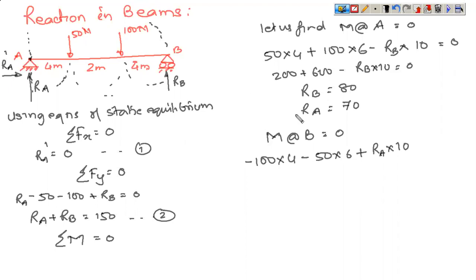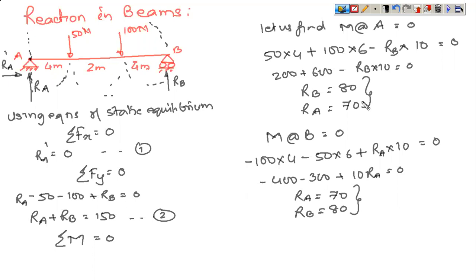So this is positive. This is equal to 0. So this is minus 400 minus 300 plus 10 RA is equal to 0. If you solve this equation, then also you have RA is equal to 70 and RB is equal to 80. So again, the answers are same irrespective of wherever you have chosen the moment.